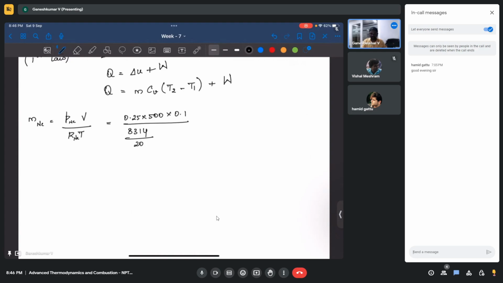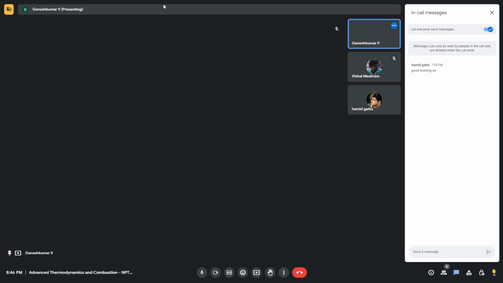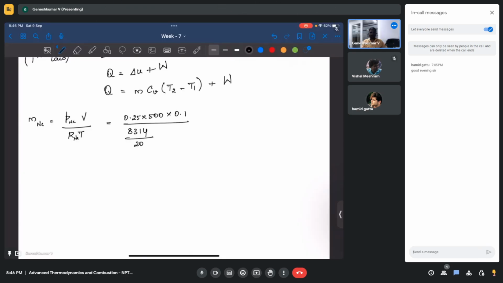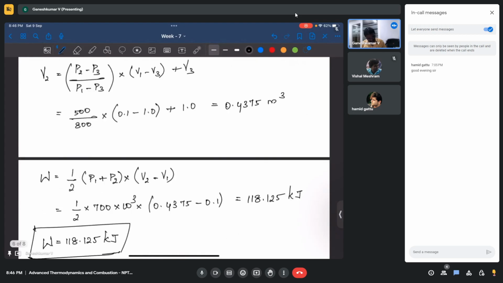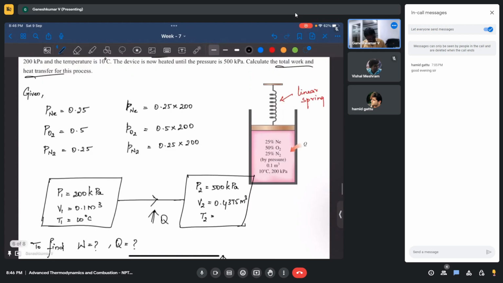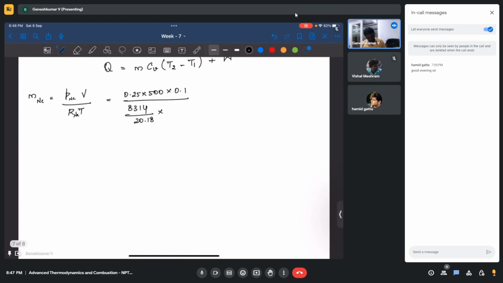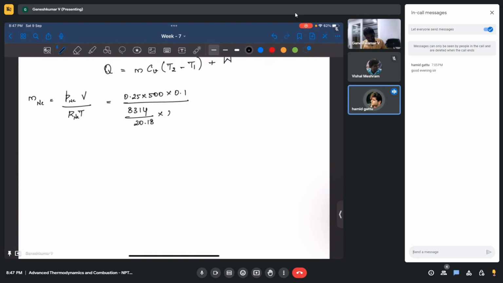Just checking. It's neon, 20.18 times the temperature, which is 10 degrees Celsius, so it's going to be 283.